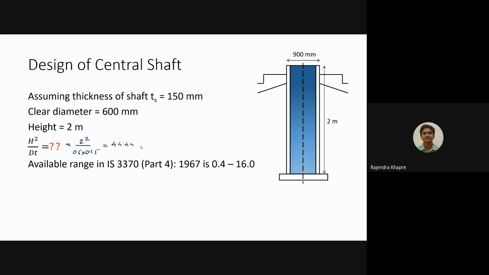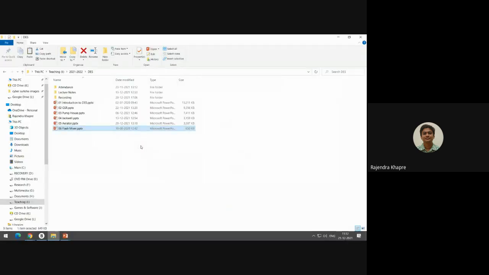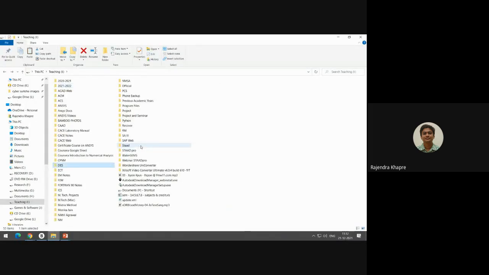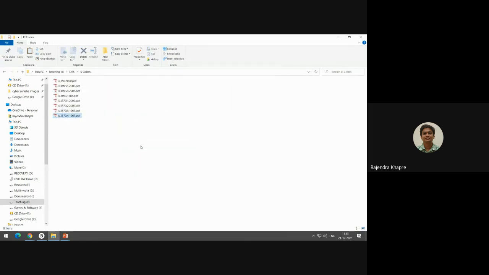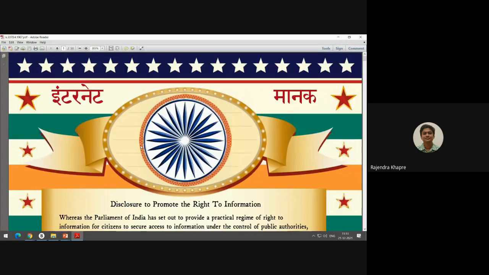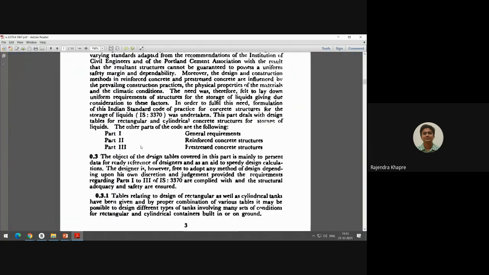But now the issue is when you refer to IS code 3370 part 4. So let me open the IS code for you. If you have copies of the IS code, please open it. So this is the IS code. We will be referring to different tables.